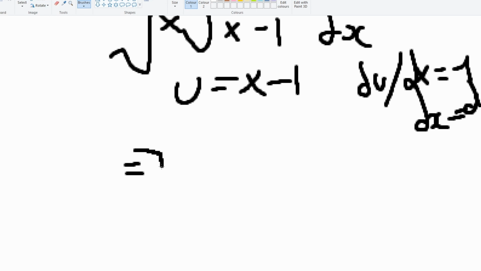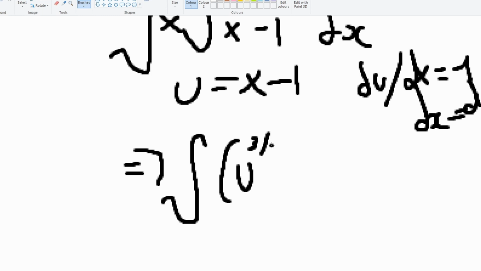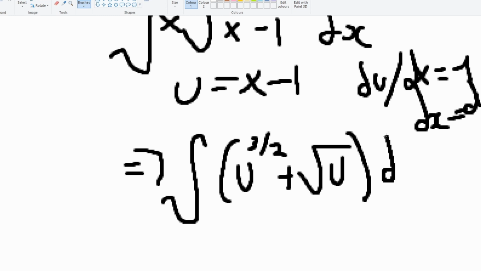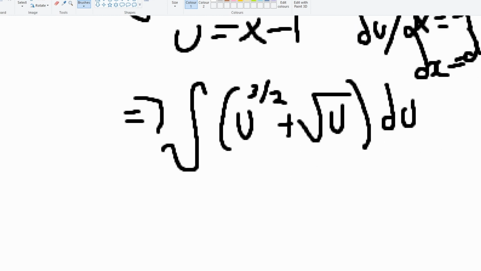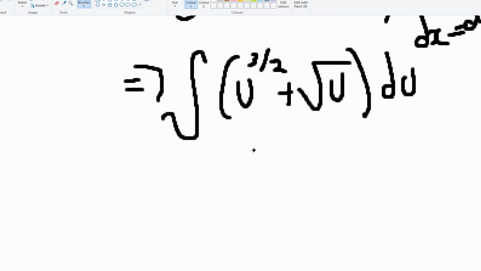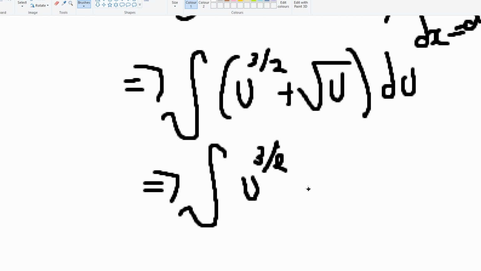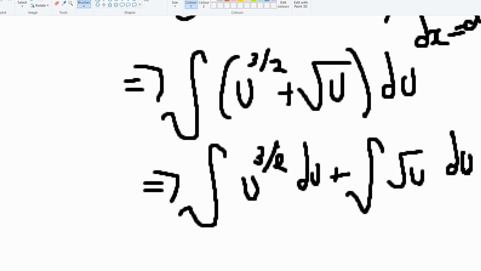So then this plugged in is going to give us the integral of u to the power of 3 over 2 plus the square root of u with respect to u. Now we're going to break down this integral even further. We're going to simplify it to make it easier for us to solve. So we're going to get the integral of u to the power of 3 over 2 with respect to u plus the integral of square root of u with respect to u.